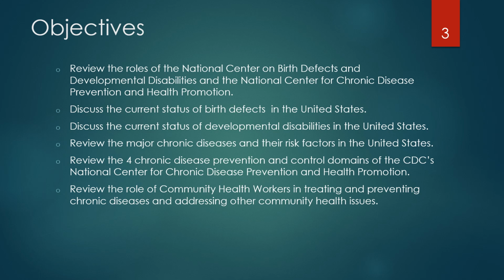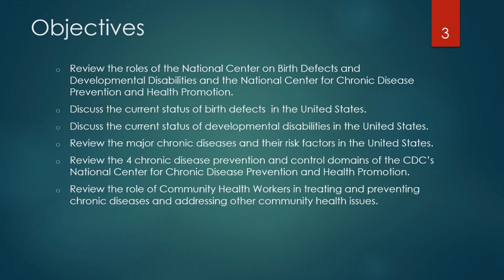Objectives include review the roles of the National Center on Birth Defects and Developmental Disabilities and the National Center for Chronic Disease Prevention and Health Promotion. Discuss the current status of birth defects in the United States. Discuss the current status of developmental disabilities in the United States.